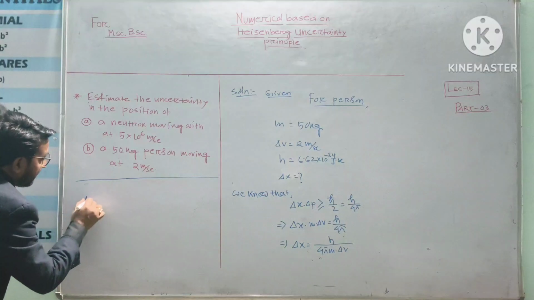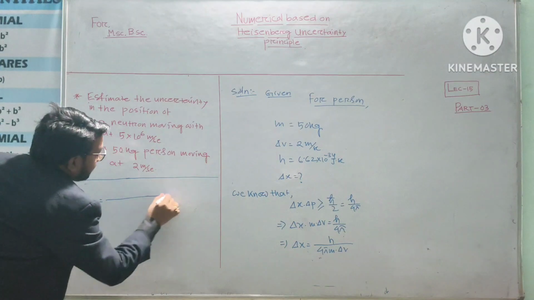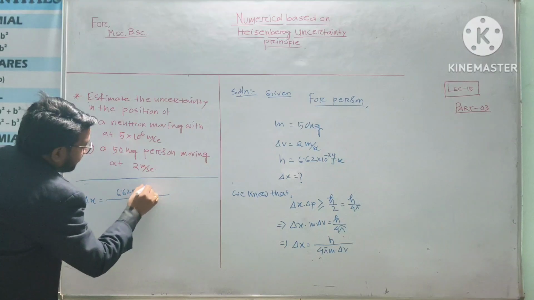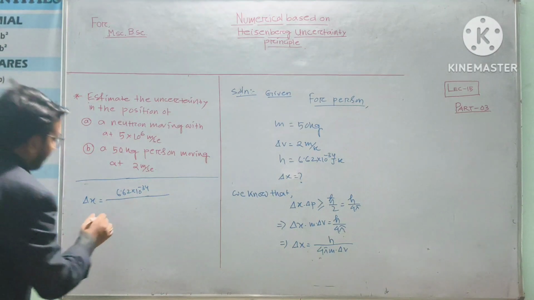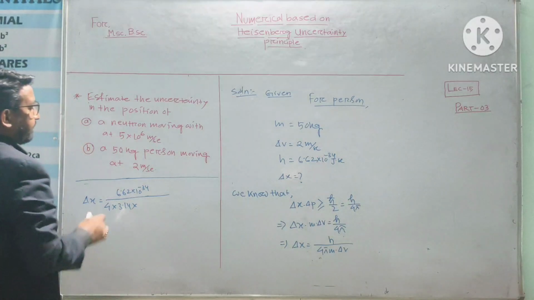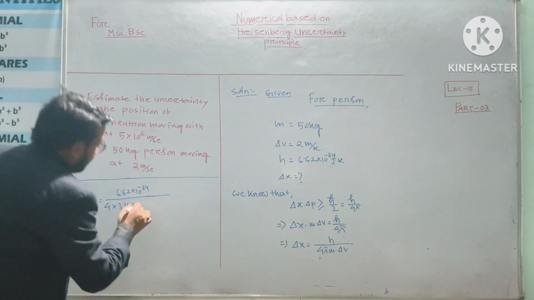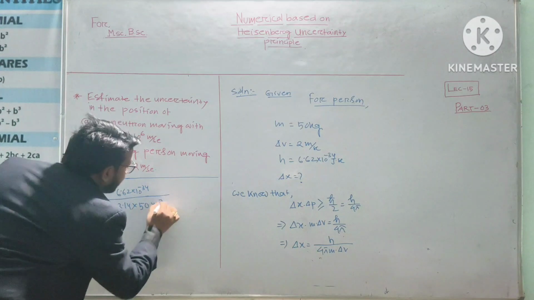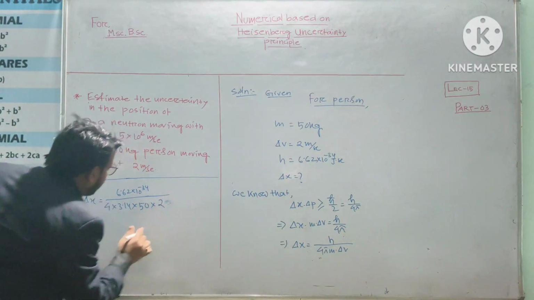Now delta x equals the value of h equals 6.62 into 10 to the power minus 34, and 4 into 3.14, mass of the person 50 kg, and delta v equals 2 meter per second. Okay.